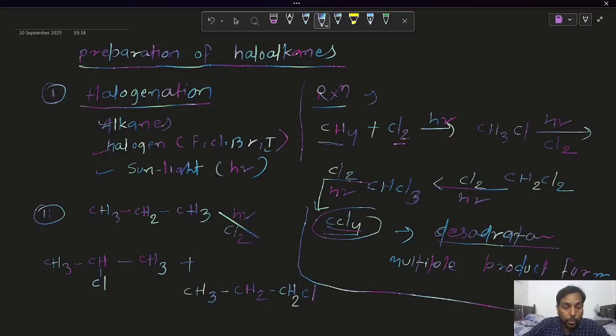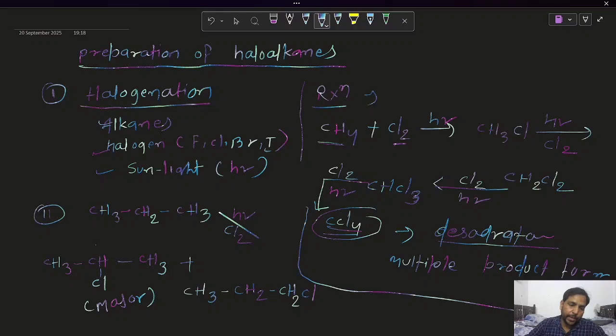Now the question arises: which one is major and which one is minor? Now look, this one is a 2-degree carbon, right? In organic chemistry, we have already studied this many times. We know that a 3-degree carbon is more stable than a 2-degree one, as well as a 1-degree one. So here we can say that this one is major.